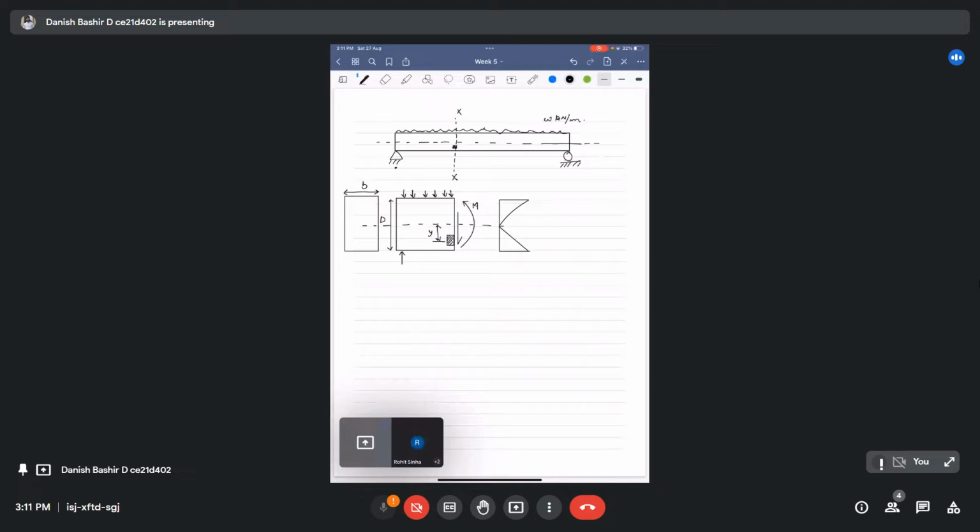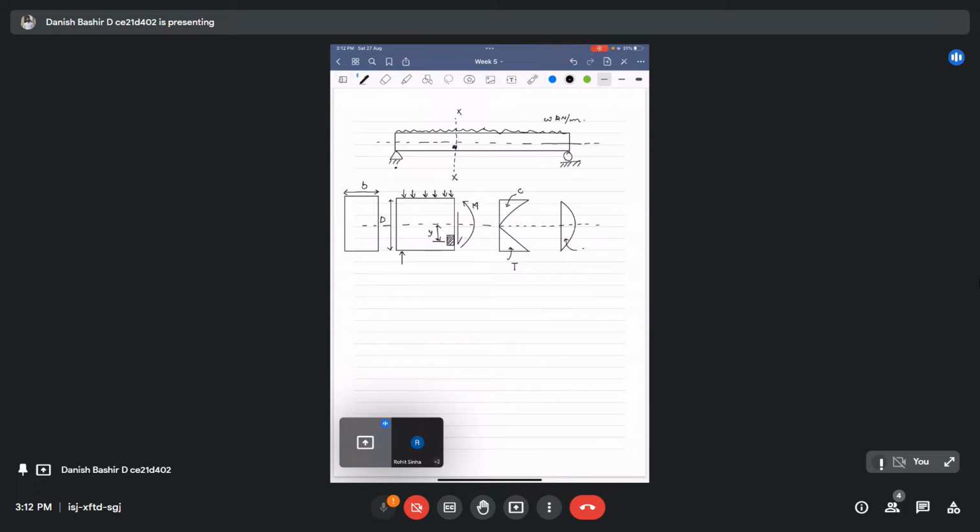Same will be the case now for shear stresses. If we look at the shear stresses distribution at this section, we will get something like this parabolic variation, with maximum at the neutral surface. If I extend this neutral surface like this, I will get maximum at the neutral surface, and its variation I already know.